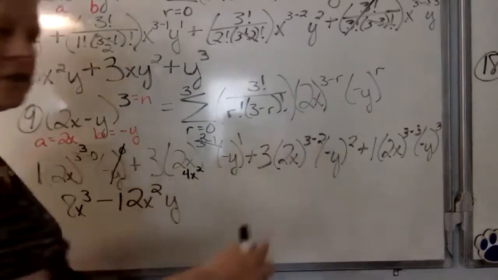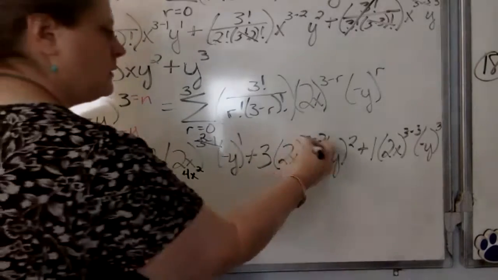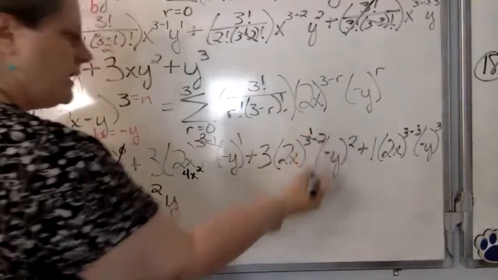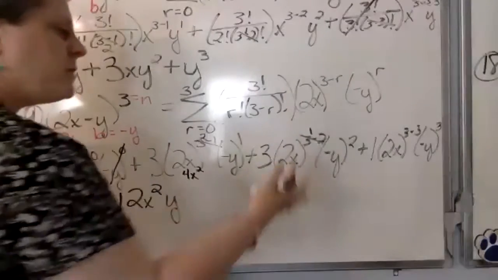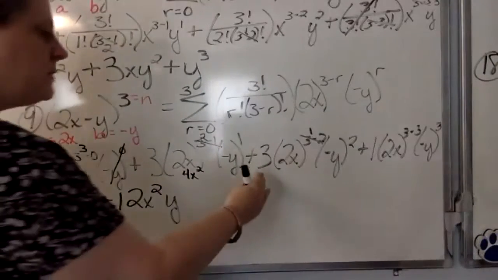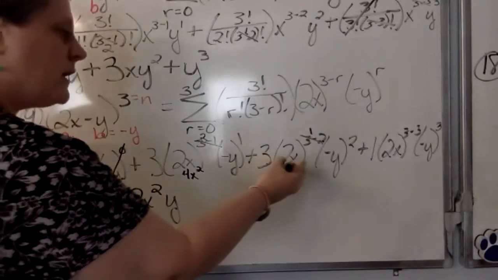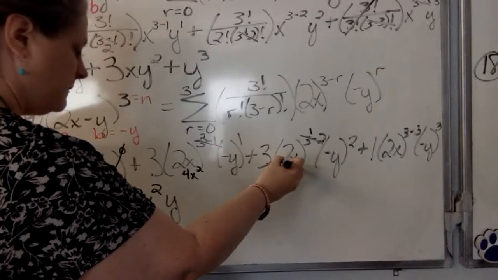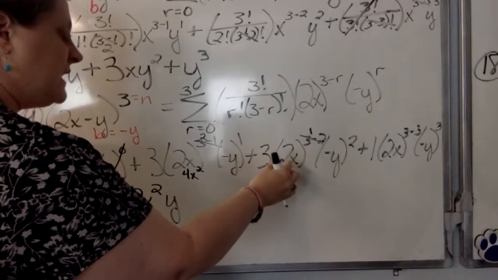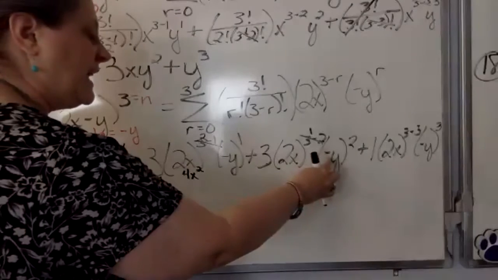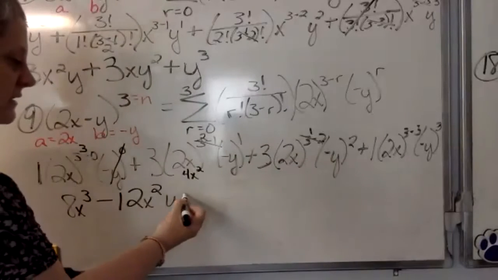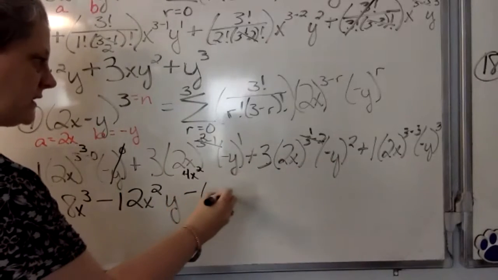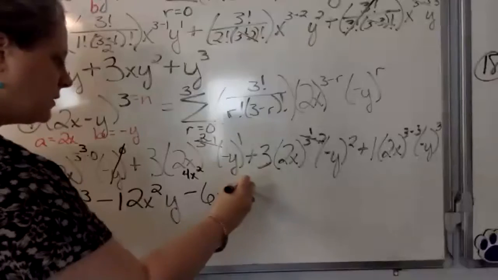Going to the next one, what's 3 minus 2? 1. So anything to the first power is just itself. So we just multiply this together. 3 times 2 is 6, right? 6 times a negative y is going to make it negative 6x and then y squared.